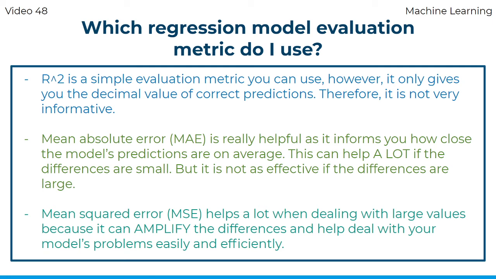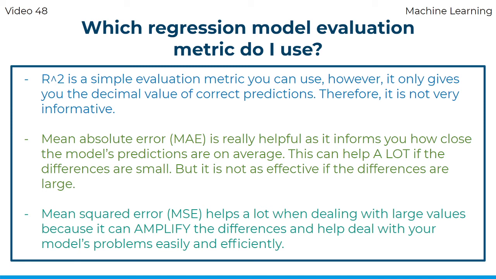This doesn't always help. It's not always effective depending on what sort of problem or data set you have. It can help a lot when differences are small, but it's not as effective if the differences are quite large, or if the problem is really large.